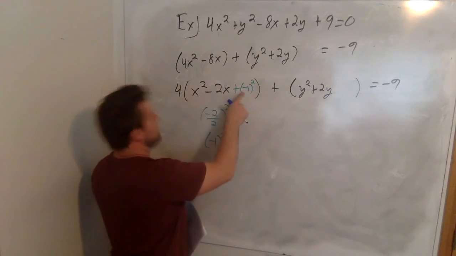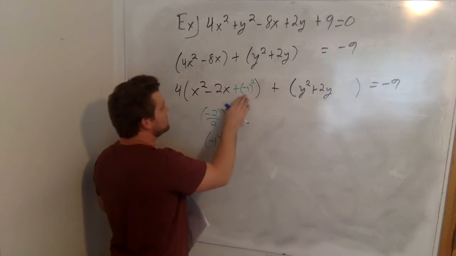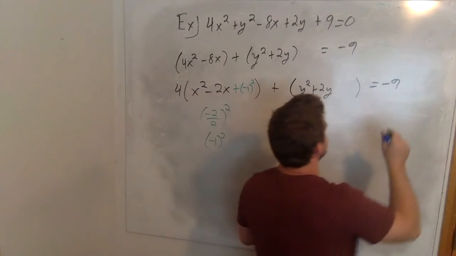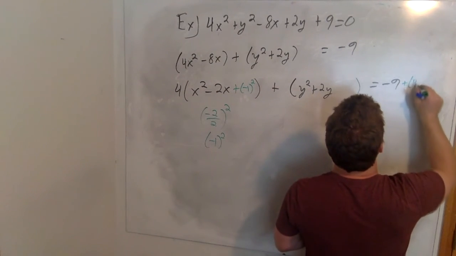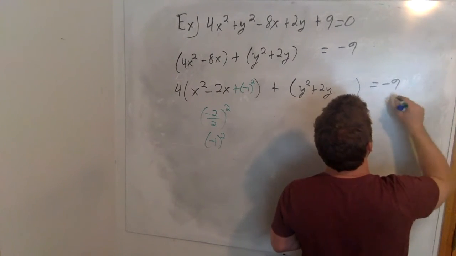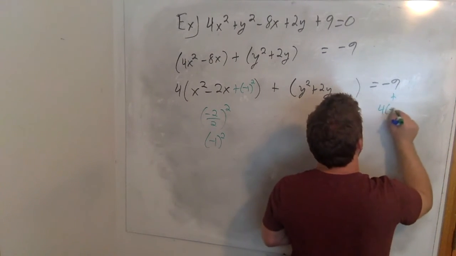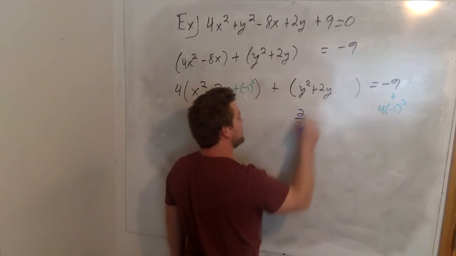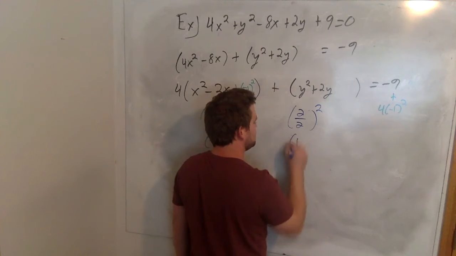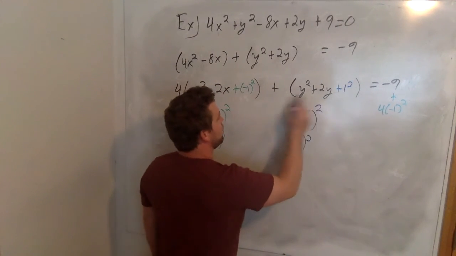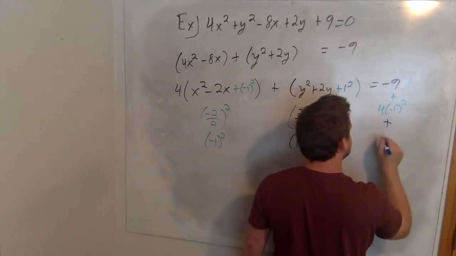We added a negative 1 squared, or really just a 1 inside these parentheses, but we really added a 4 times a negative 1 squared. Over here, take the 2, cut it in half, and square it. So here we'll add a 1 squared. So we really are adding a 1 times a 1 squared.